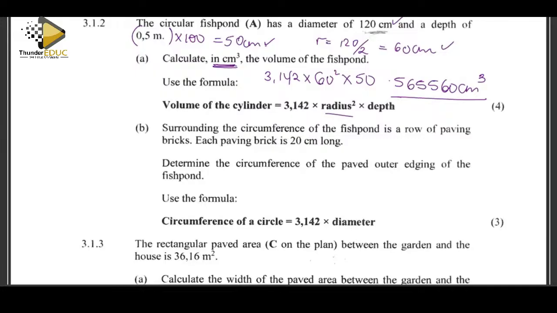They're telling us the surrounding of the circumference of the fish pond is in a row of paving bricks. Each paving brick is 20 centimeters long. Determine the circumference of the paved outer edging of the fish pond.